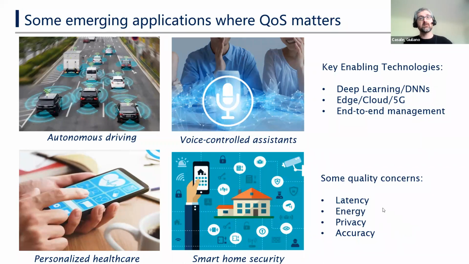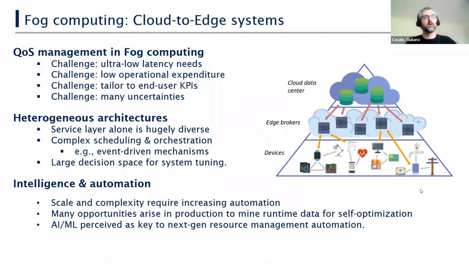We will center our attention in particular on latency, but also a little bit on energy when it comes to this tutorial. And in terms of, say, edge and fog computing resources, I would like to give you a few basic notions. So we will look throughout the tutorial to QoS management in fog computing.